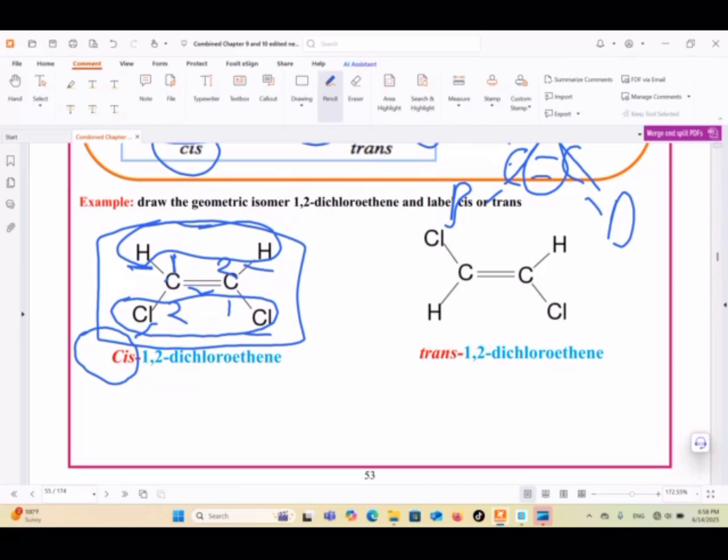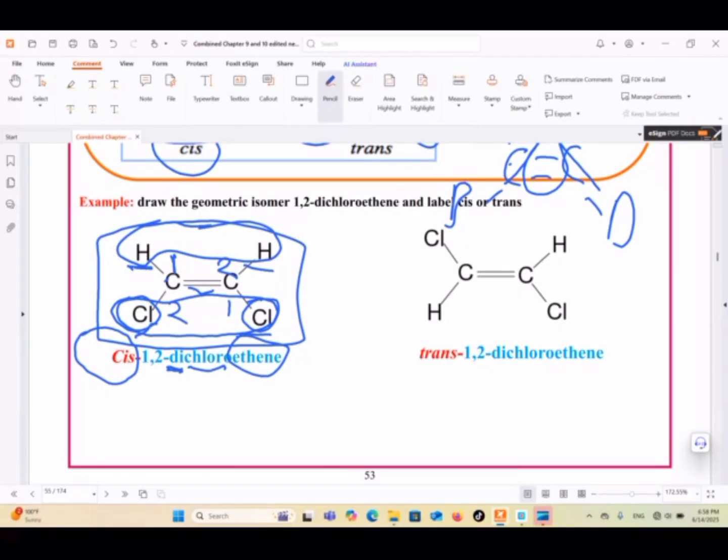And then 1,2, how many chlorine do we have? 2 chlorine. On both carbon atoms we have got chlorine, so there should be the prefix di, because for two chlorine we use di. And dichloro, what's the name of the parent? Ethene. This is the name of the parent.